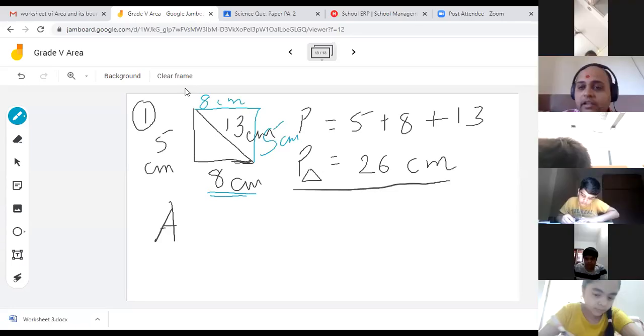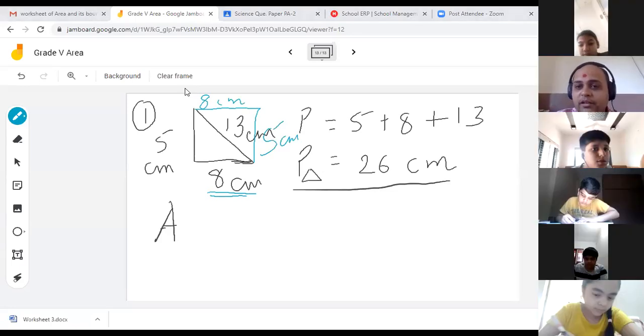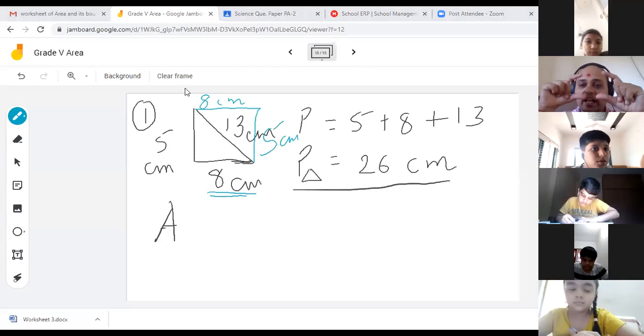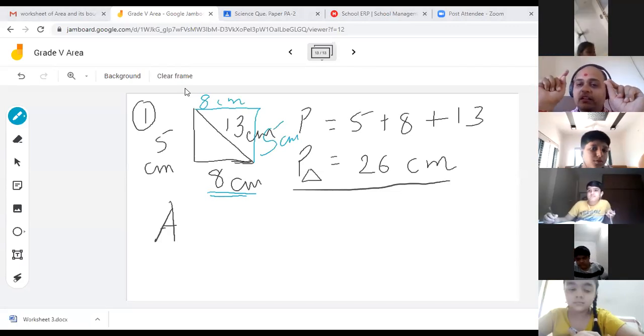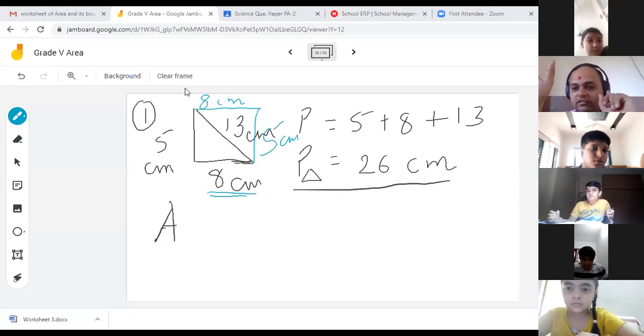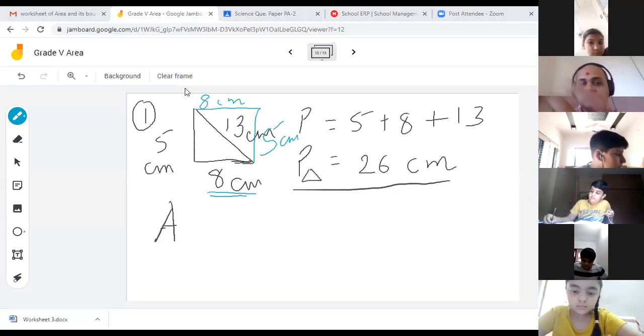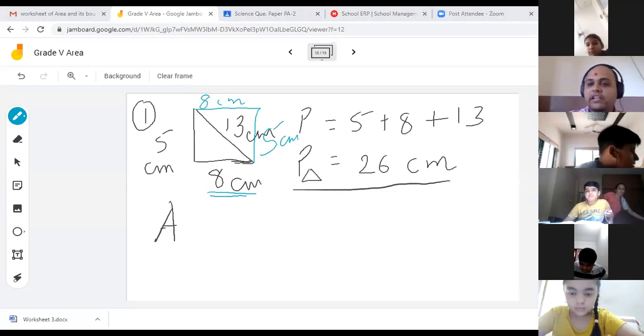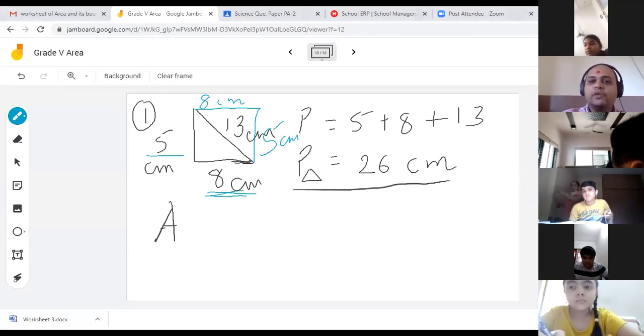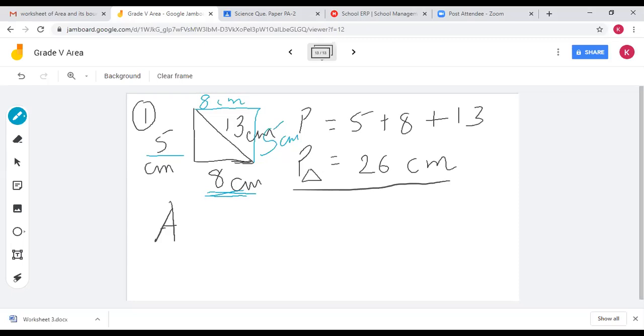Did you understand this step? You have to think that this triangle is made up of either a rectangle or a square only. That's how you have to think. So these two become your length and breadth. Area of triangle is equal to half of area of rectangle or square, whatever it is.